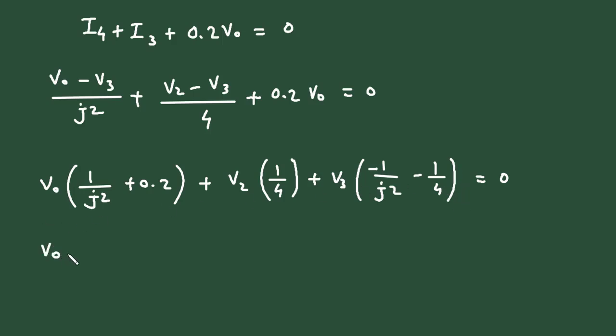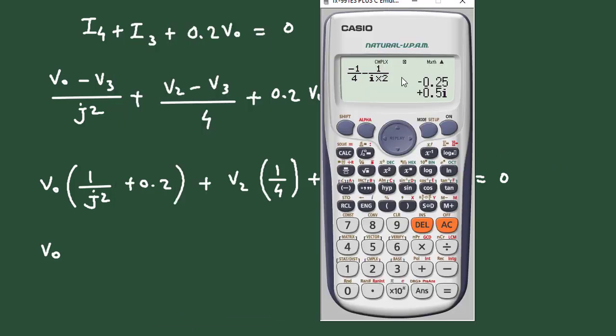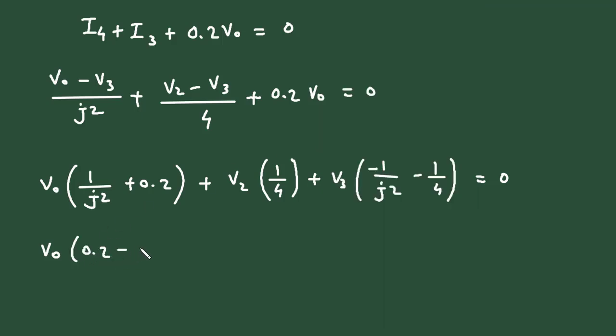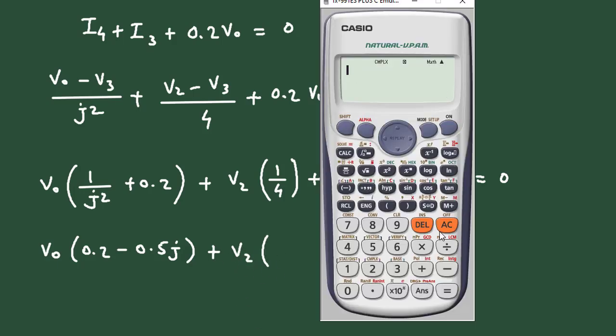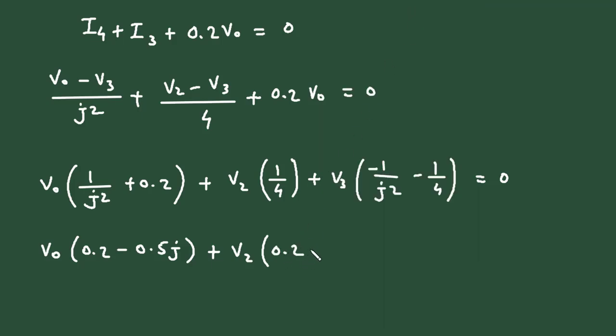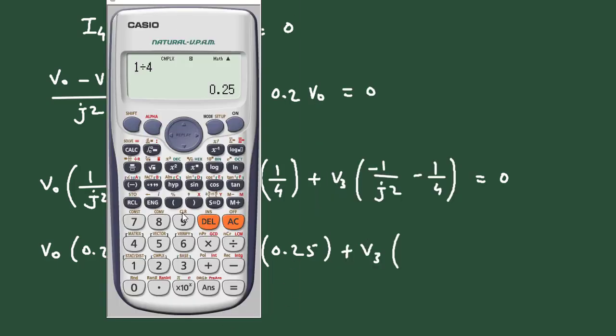So let's simplify this. VO in bracket 1 upon j into 2 plus 0.2, so it is 0.2 minus 0.5j, then plus V2. So 1 by 4 means 0.25, then plus V3 in bracket minus 1 upon j into 2 minus 1 upon 4.